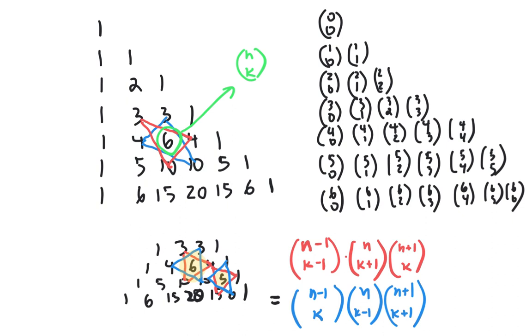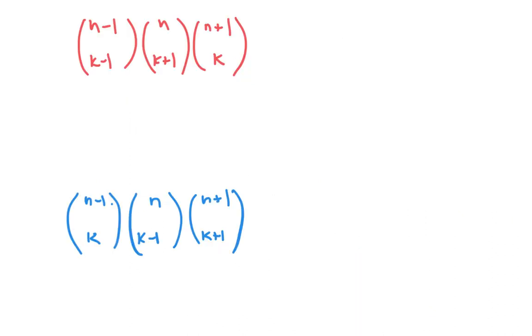So this one isn't too bad. Maybe pause the video and see if you can show that this identity holds, and we'll do it on the next slide. So pause, give this one a go. So hopefully you've seen that if you just write this out in factorials, both expressions, you get the exact same thing. So let's just go and do this. The first one is n minus 1 factorial over k minus 1 factorial, and then n minus 1 minus k minus 1 factorial.